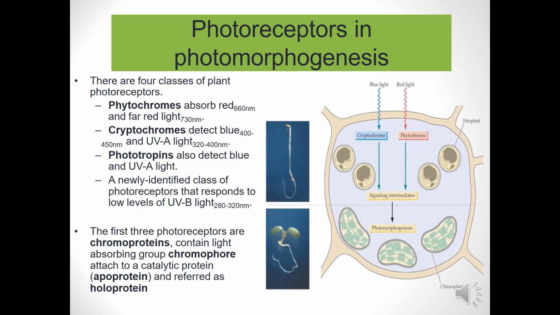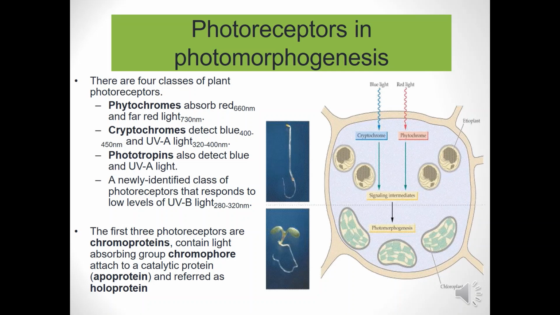If you look on your slide, every photoreceptor absorbs a different wavelength. The phytochromes absorb red light at 660 nanometer and far red light at 730 nanometer.